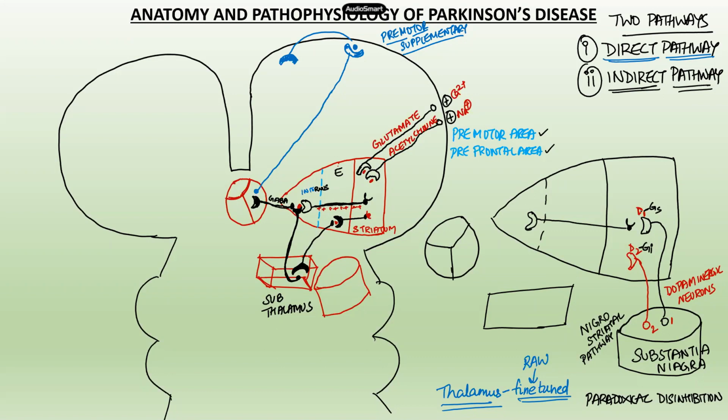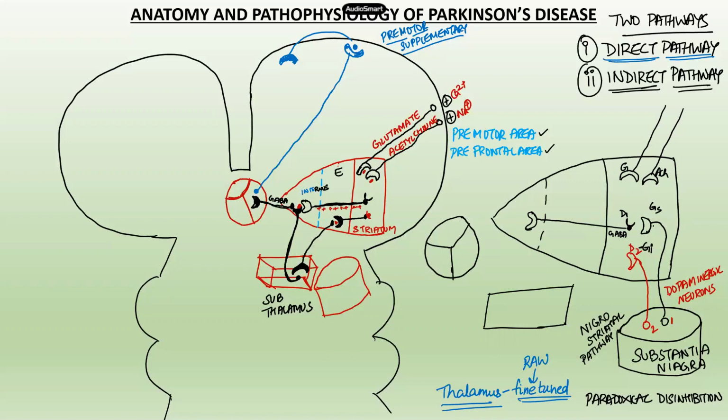This is your dopamine receptor 1 present on the GABAergic neuron. Now, before that, we have got acetylcholine coming from the premotor area and your primary premotor area, and also your prefrontal cortex. And we have got glutamate also, coming from your premotor area and prefrontal cortex. Now, these have also got receptors on these GABAergic neurons, right?